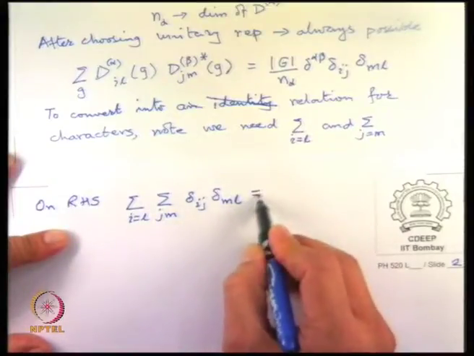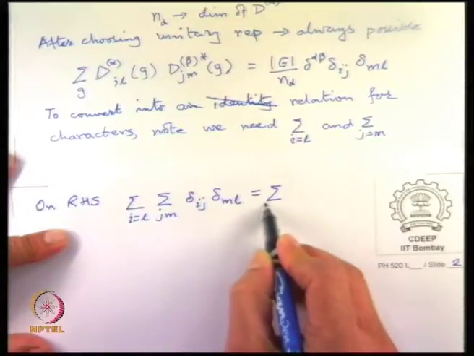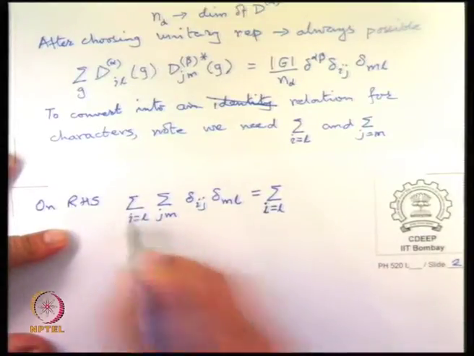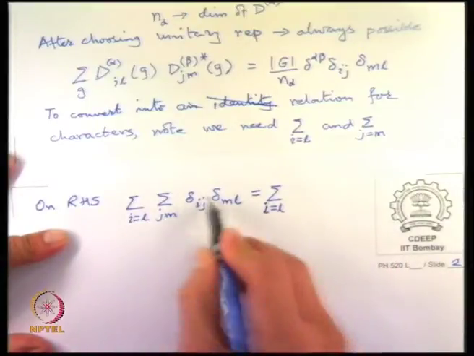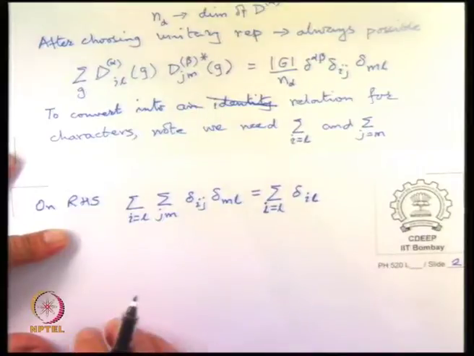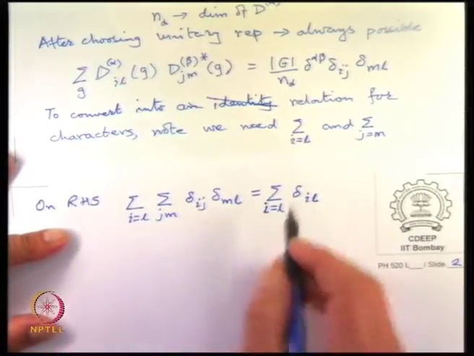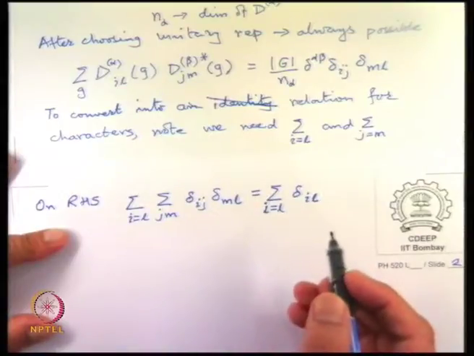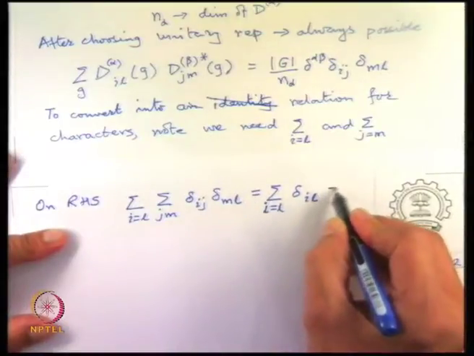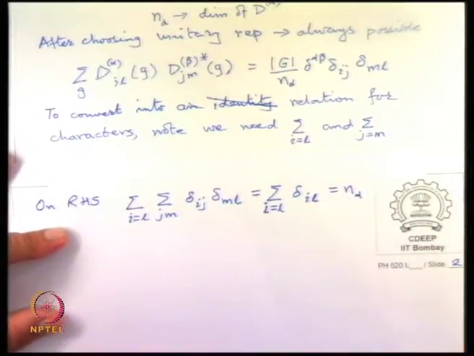So it actually results in I equal to L. The outer summation is still there. The inner summation has simply produced delta IL. But the sum over delta IL only gives me n alpha, because that is the trace of the identity element, which is the size of the representation.